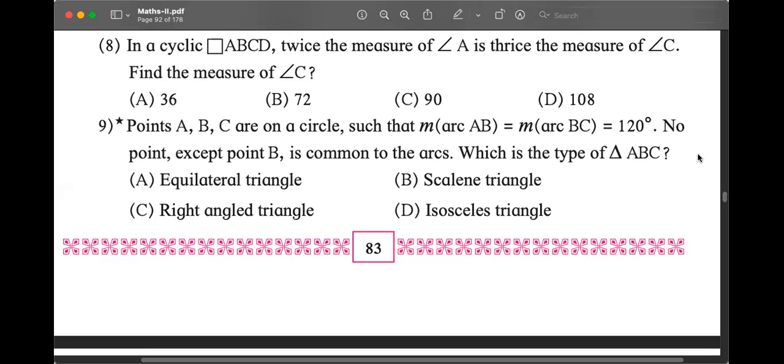Question number 1, part 8. We will try to complete 8, 9 and 10 also. In a cyclic quadrilateral ABCD, what happens in a cyclic quadrilateral?